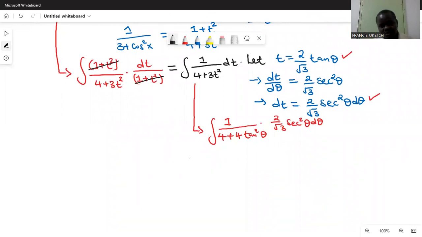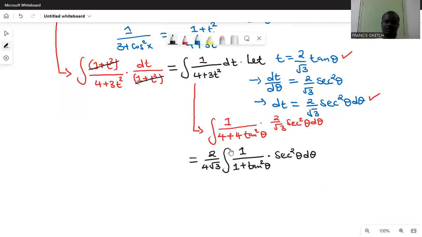It will be equal to 2 over 4 root 3 times now the integral of 1 over 1 plus tan squared theta. Now there we have sec squared theta d theta.